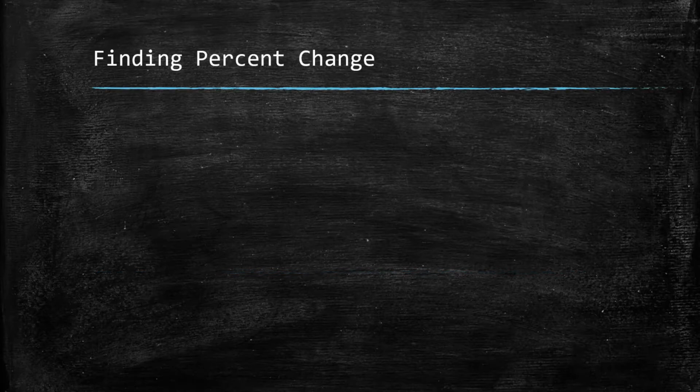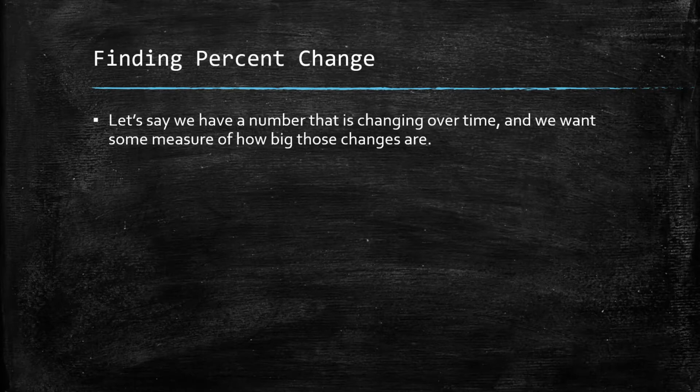So first thing we'll do is look at finding a percent change. Let's say that we have some number that is changing over time and we want a measure of how big those changes are. Because sometimes just the absolute number change isn't good enough. If I've got say $10 and you give me $2, that's a pretty big difference.